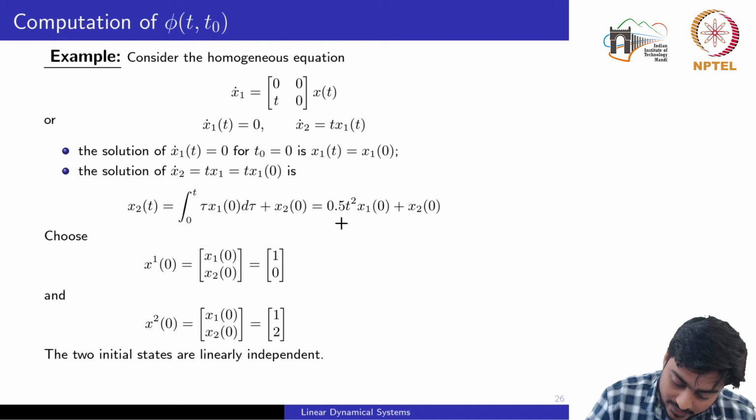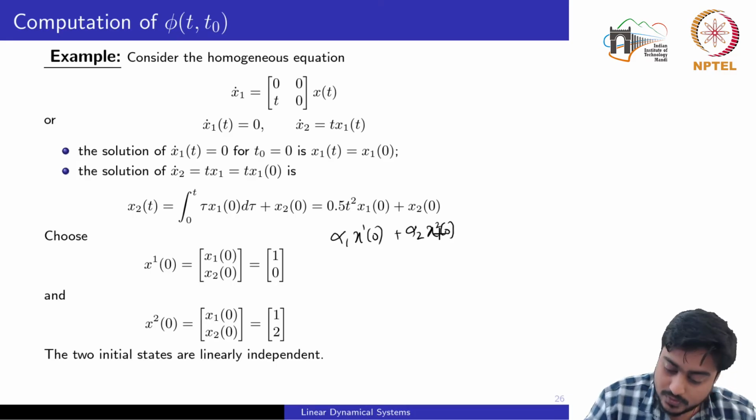We could quickly verify that if alpha 1 x1 of 0 plus alpha 2 x2 of 0 equals 0, then alpha 1 and alpha 2 should be 0 for linear independence. Only then can this equation be satisfied.